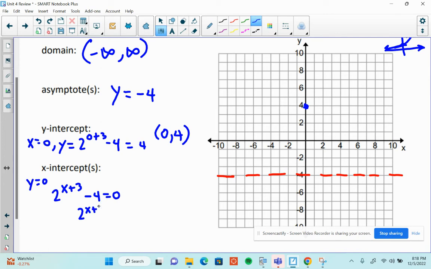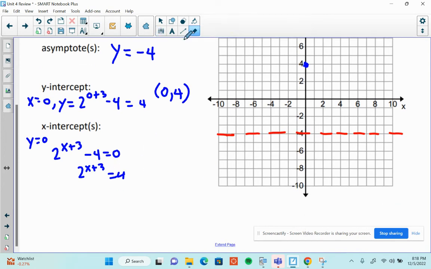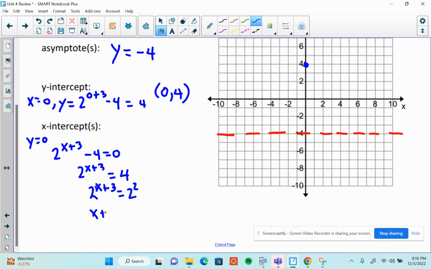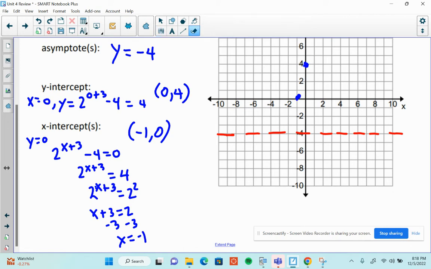So we're going to move the 4 to the other side. 4 is 2 squared. We get x plus 3 equals 2. We'll subtract 3 from both sides and get x equals negative 1. So our x-intercept is negative 1, 0.